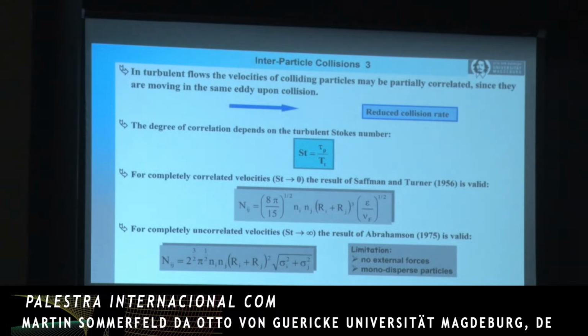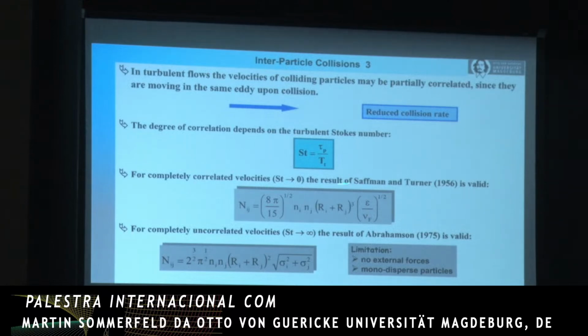So the more the particles respond to the flow, the smaller the Stokes number is. This reduces the interparticle collision frequency. So again, the degree of correlation can be decided by the Stokes number, the particle response time or relaxation time, over a certain time scale of turbulence, which can be an integral time scale, or a Kolmogorov time scale, which is often used in DNS.